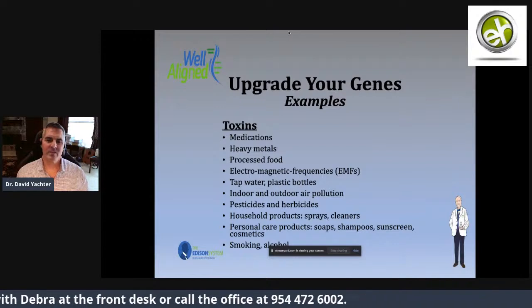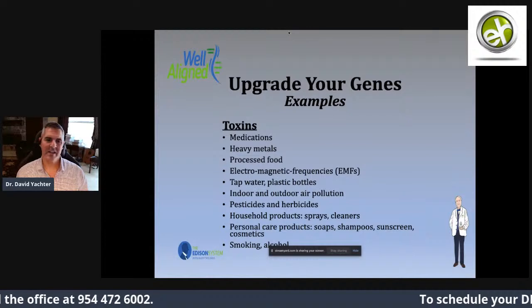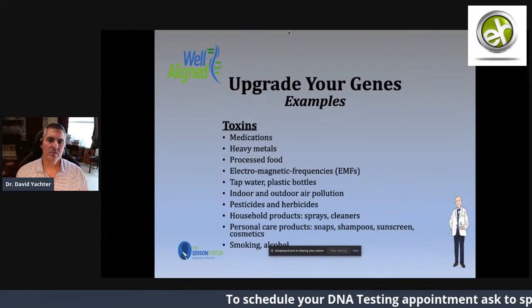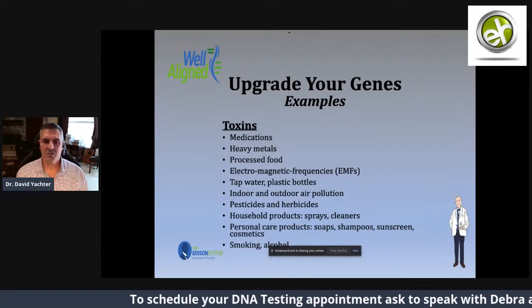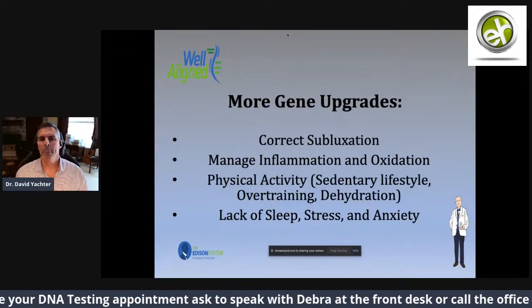We talked about glyphosate in the last video message, how damaging that is to your brain and to your DNA. Household products like sprays, cleaners, soaps, shampoos, toothpastes, sunscreens, the list goes on, not to mention smoking and alcohol.